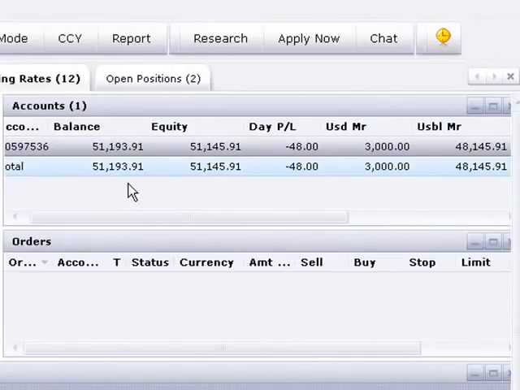Once that position is open, the number in your used margin column should have gone up by 2,000 to account for the 2 additional contracts we just opened, and the amount in your usable margin column should have gone down by 2,000.